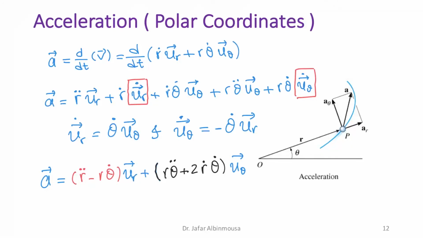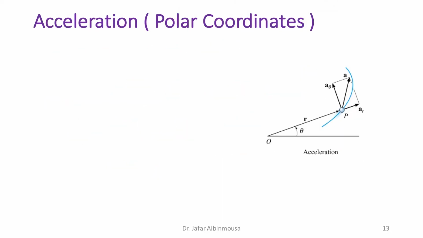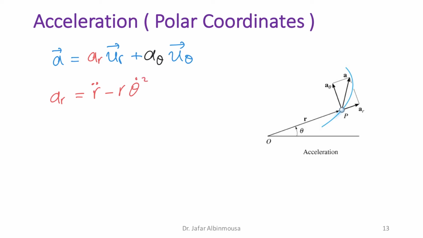From the previous slide, we have shown that acceleration can be written as ar ur plus a theta u theta, where ar is equal to r double dot minus r theta dot squared, while a theta is equal to r theta double dot plus 2 r dot theta dot.